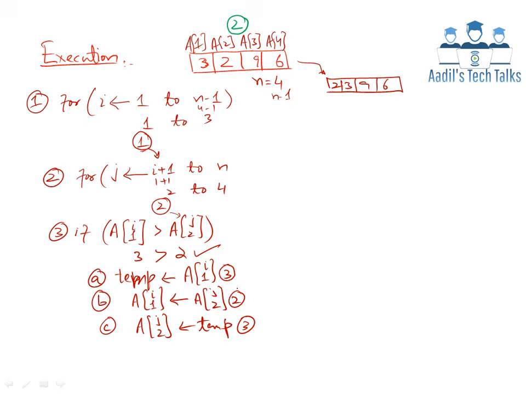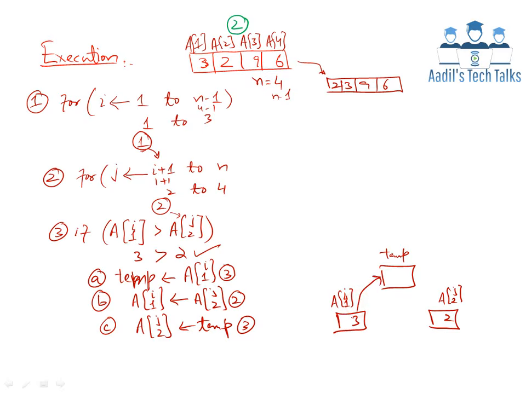I will explain this swapping using boxes for once. Suppose this is temp, this is ai and this is aj. Now ai is a1 and aj is a2. ai is 3 and aj is 2. Step A: an arrow from ai to temp.